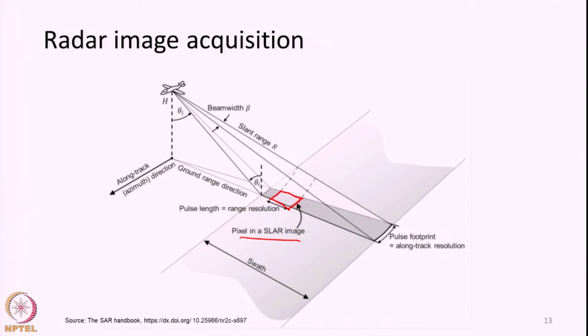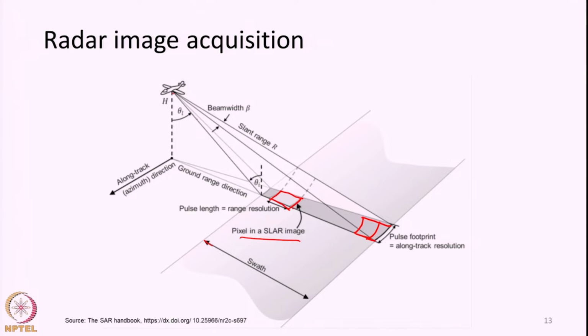Okay. So, this pixel will keep on varying. Here you can see it will be like this. The pixel may look something like this in the far range. So, the pixel will have a different meaning in both the range direction and the azimuth direction, and the total angle for which the radar beam transmits will define the swath width.